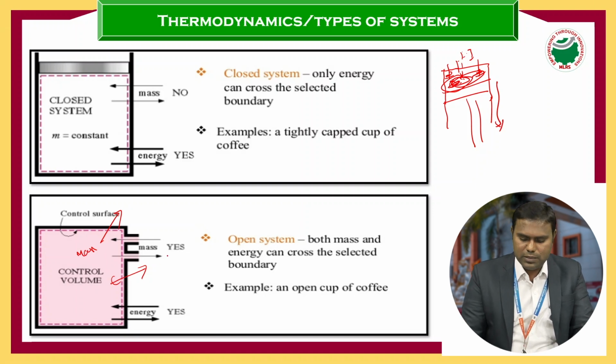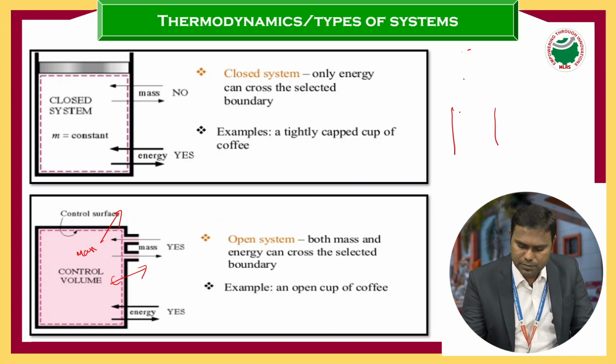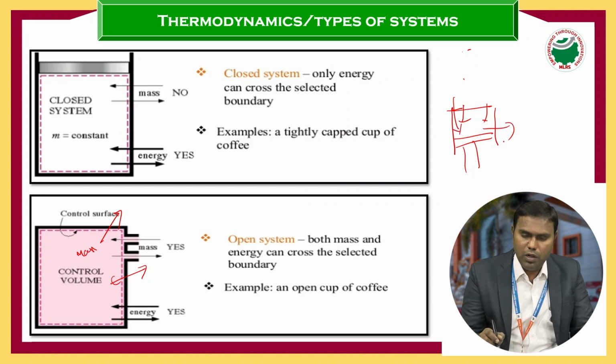Now this is called an open system. In the same example of a piston cylinder arrangement, if we consider the inlet valve and exhaust valve, then mass enters into the system and energy transfers from the system. This is called an open system.